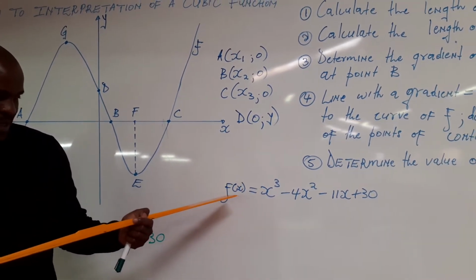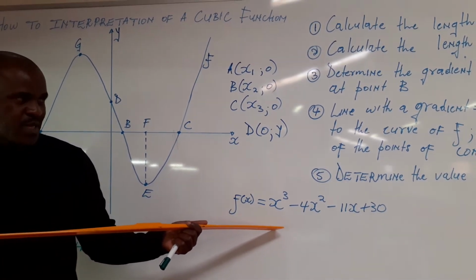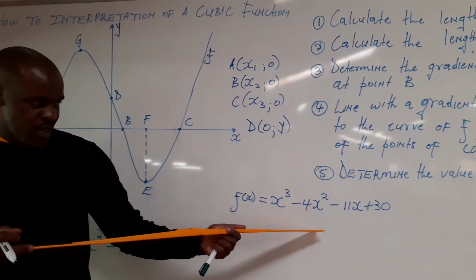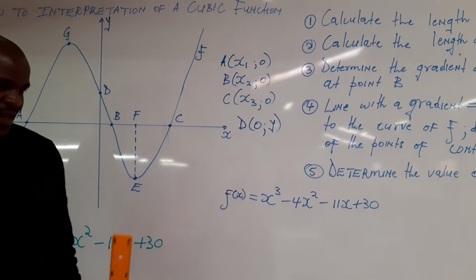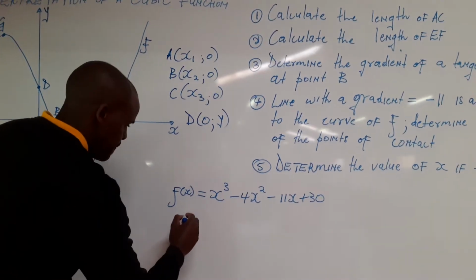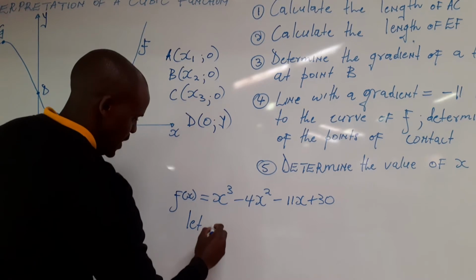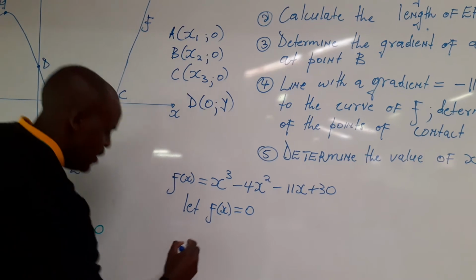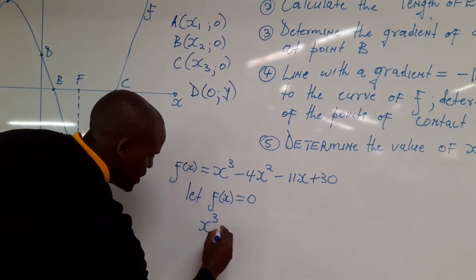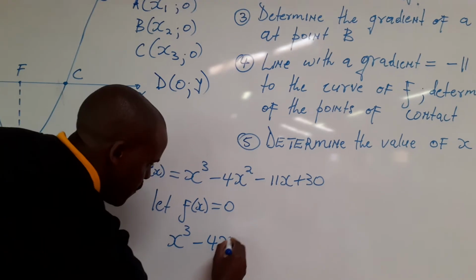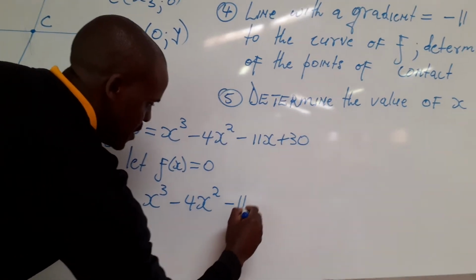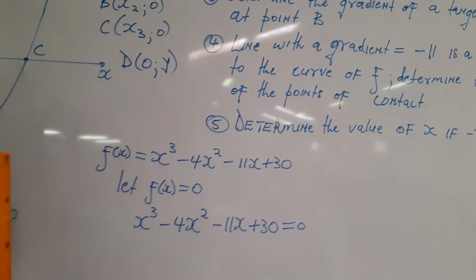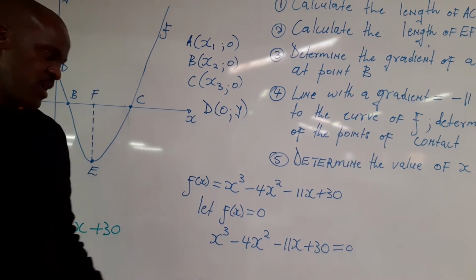After that, we find the first factor using the factor theorem. Thereafter, we factorize completely and solve for x. So x cubed minus 4x squared minus 11x plus 30 is equal to 0.